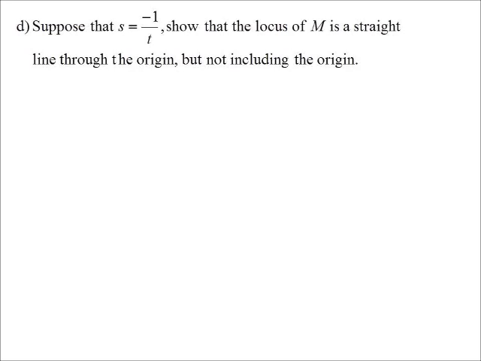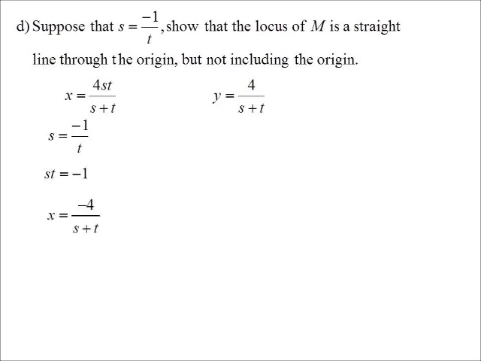All right, remember we found that x is 4st on s plus t. y is 4 on s plus t. We've now been given a condition. We don't have to work out the condition to eliminate. s is minus 1 on t. Well, if s is minus 1 on t, another way of saying that is st is negative 1. All right.